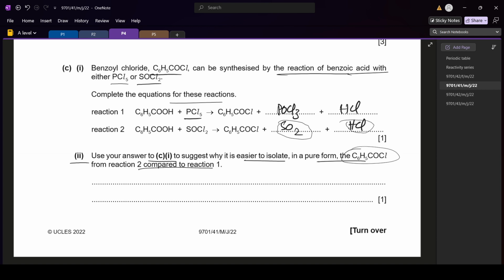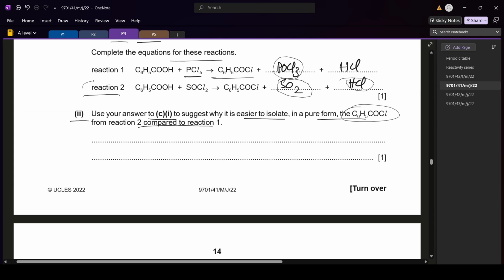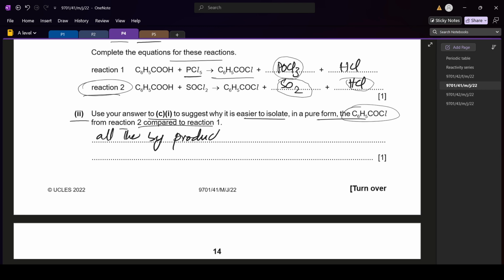This is hydrogen chloride, this is gaseous, and sulfur dioxide is also gaseous, but this POCl3 is not a gas, it is a liquid. So you have to separate benzoyl chloride from reaction 1, but there is no need for separation in reaction 2. So you can write: all the byproducts are gaseous.